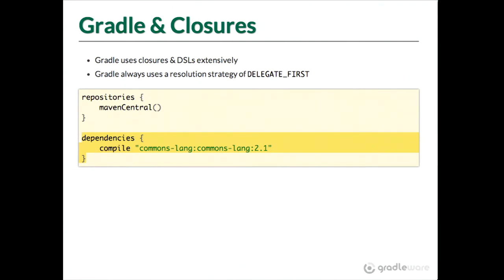But the point is that this is actually defining the name of the dependency set. And of course, in your build, you may have arbitrary dependency sets that you want to name yourself. So we can't preempt and actually provide methods in our API that are named after your dependency set. So that's why we use this mechanism method missing, so that you can call it whatever you want.